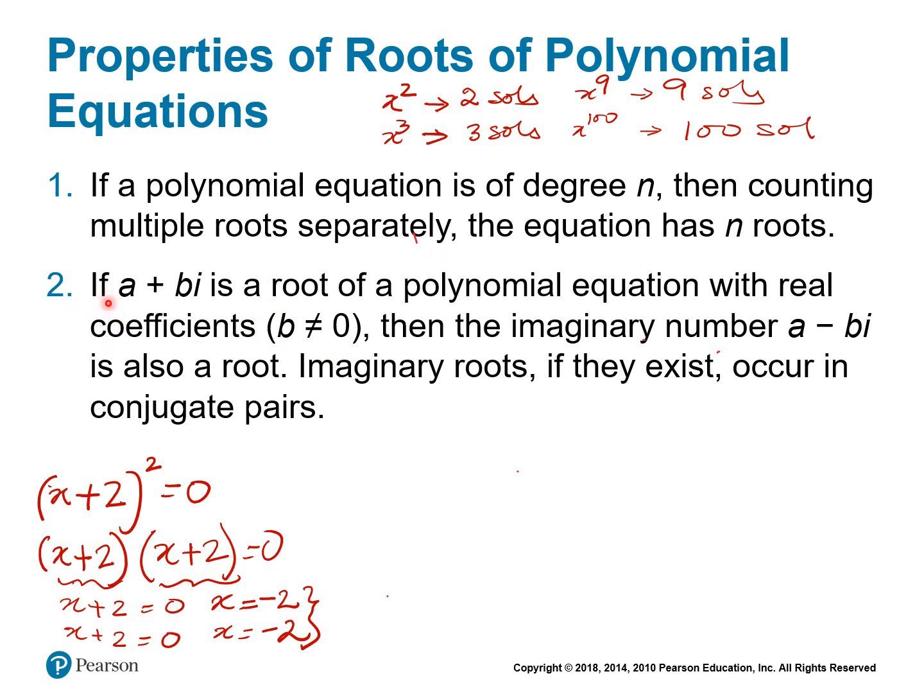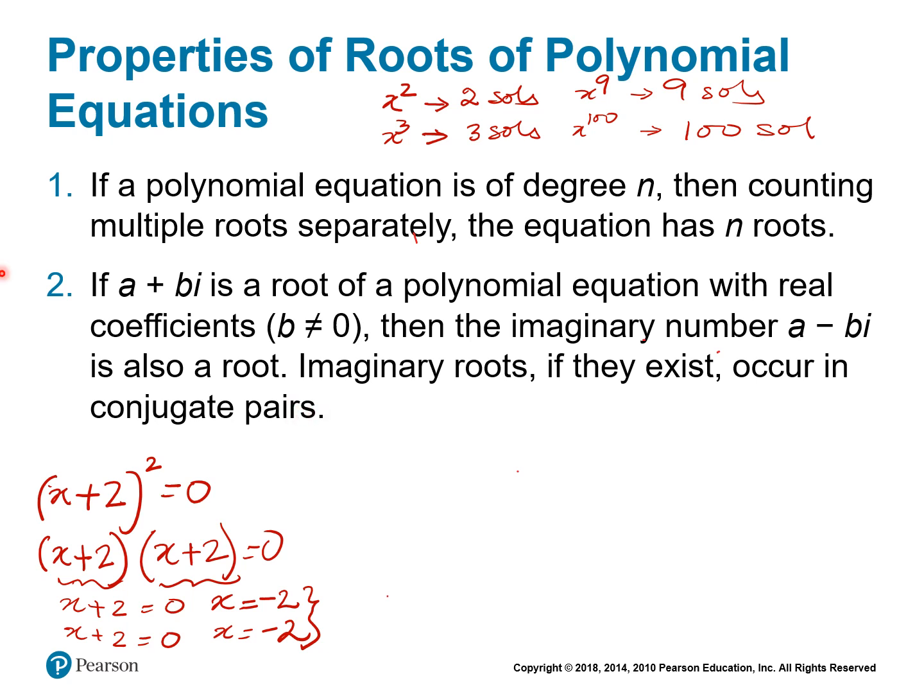Property number 2 says if a plus b times i is a root of a polynomial equation with real coefficients, b not equal to 0, then the imaginary number a minus b times i is also a root. Imaginary roots, if they exist, occur in conjugate pairs.